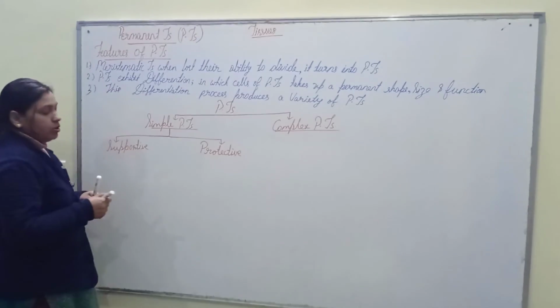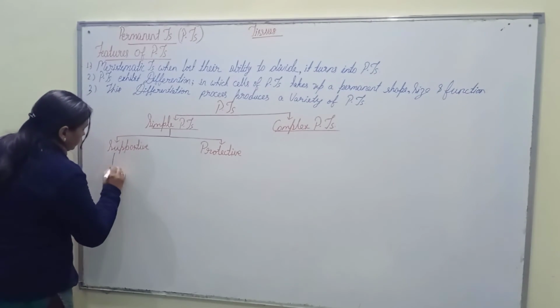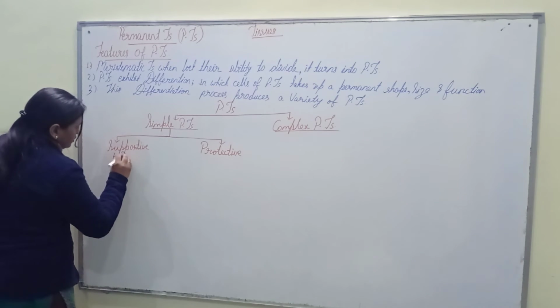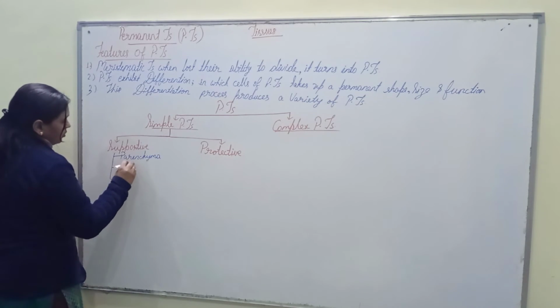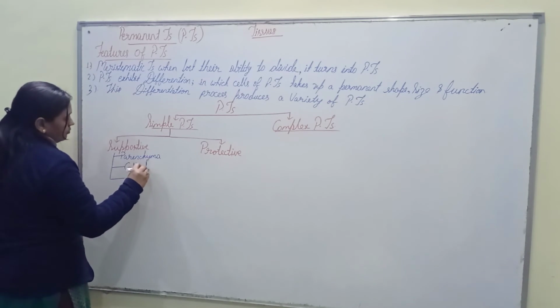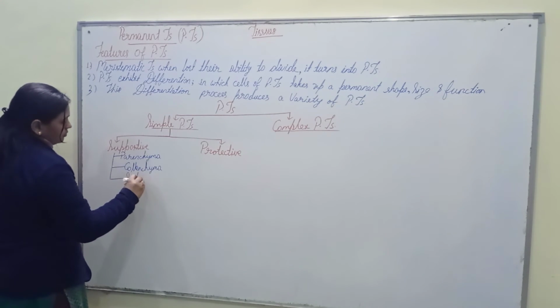Supportive permanent tissue is of three types. First is parenchyma, collenchyma, and sclerenchyma.